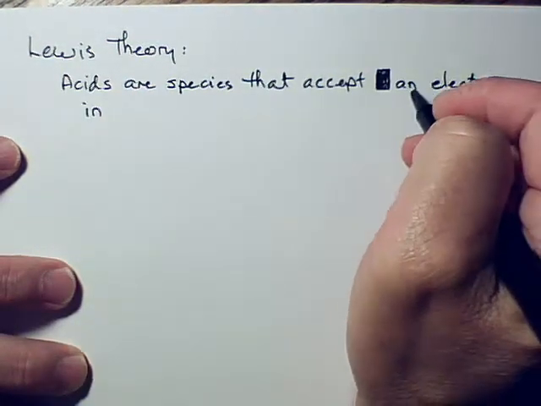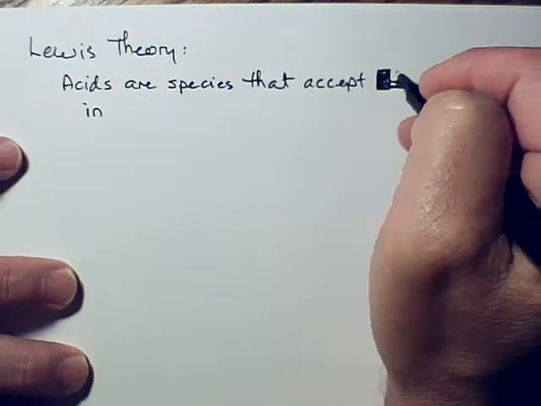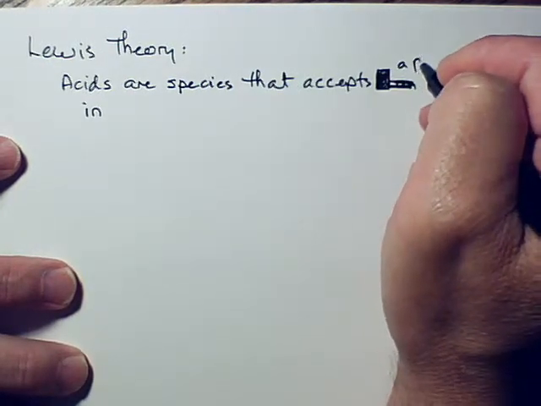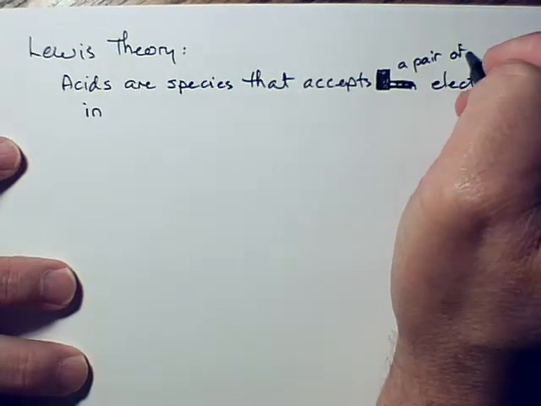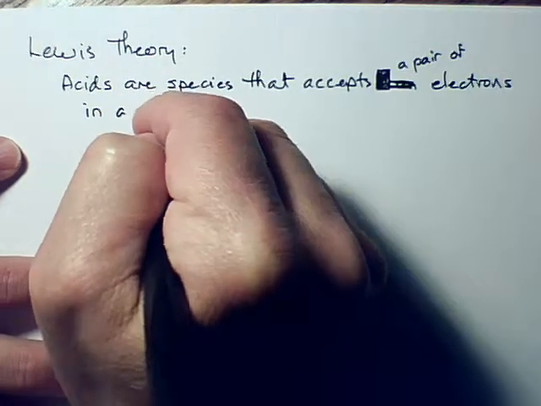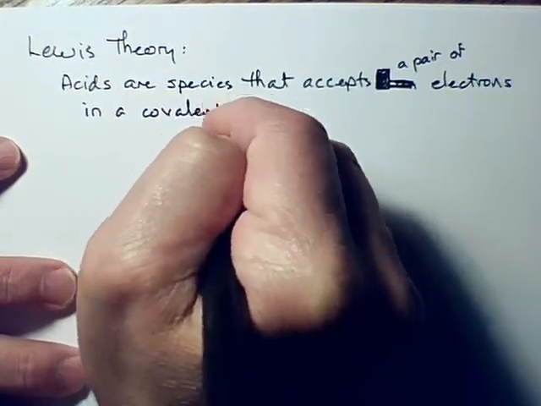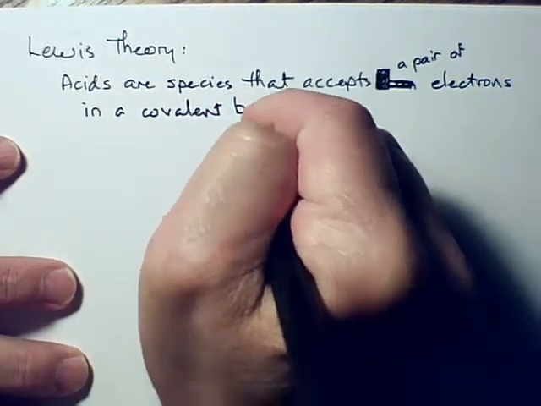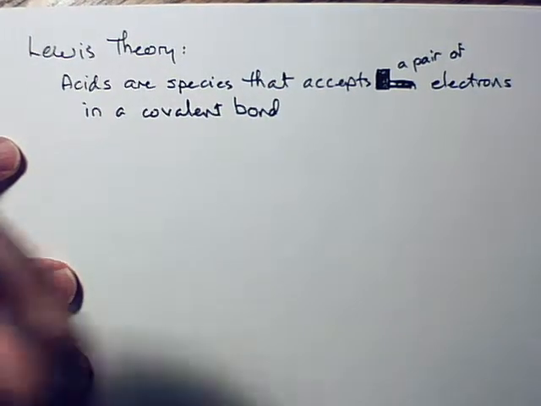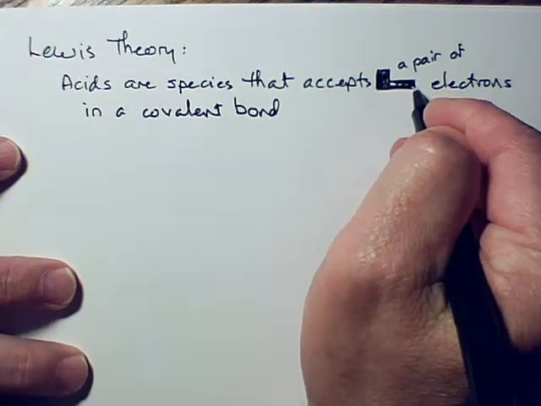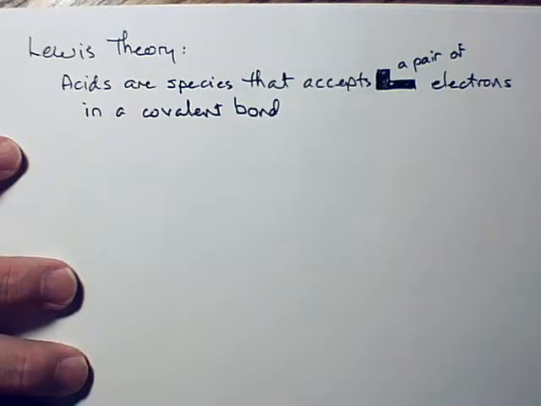Wait. It accepts a pair of electrons, actually, I think it is. Okay? Y'all got to stop talking, let me think, so I can get the definition right. Okay. All right.